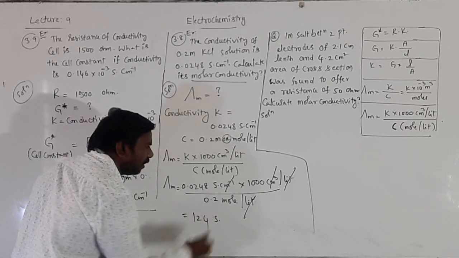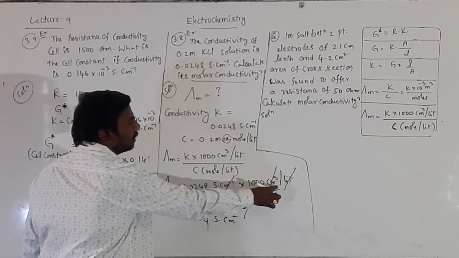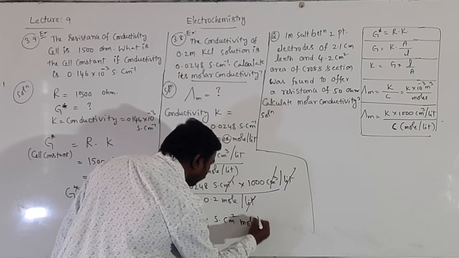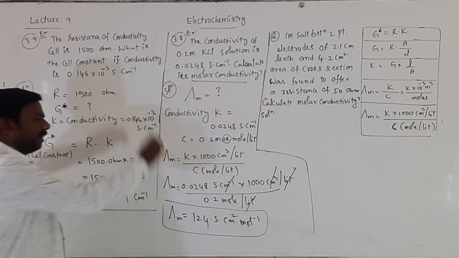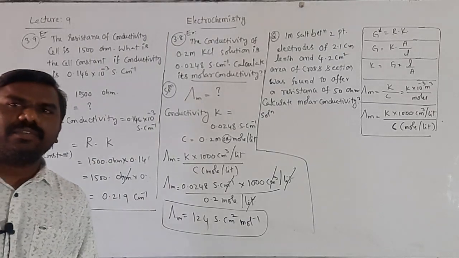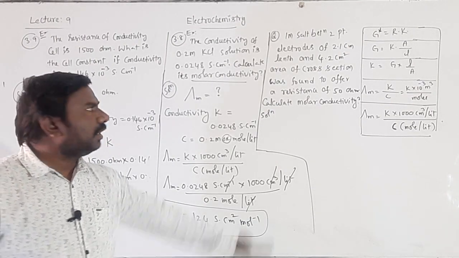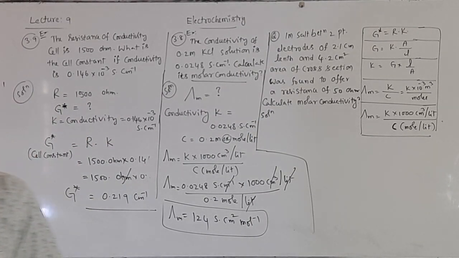Centimeter inverse combined with centimeter cube becomes centimeter square, and mole becomes mole inverse. It is lambda m in centimeters, students. Getting all of you? You try in meters also, very, very important. We will do this problem in meters better.